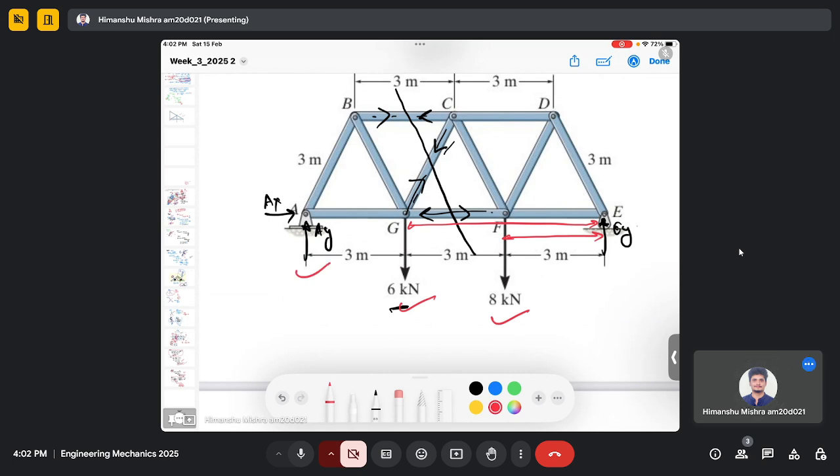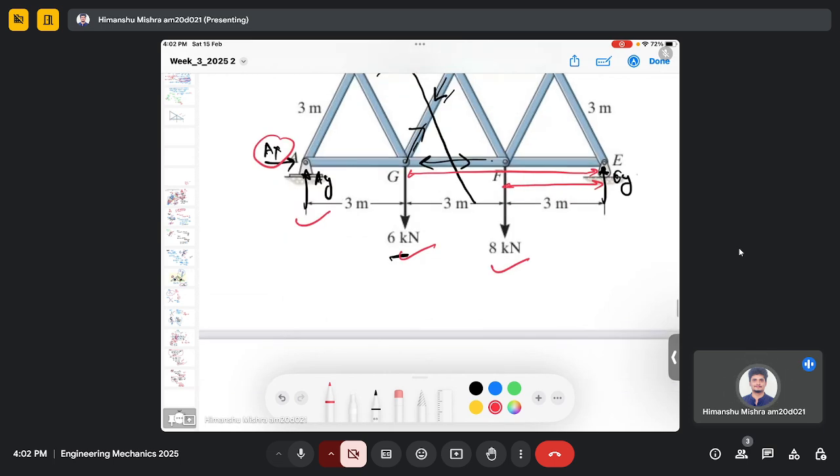AY will have one, AX doesn't contribute to the moment because it doesn't have a perpendicular distance to point E. So again I will use clockwise as positive and anti-clockwise as negative.